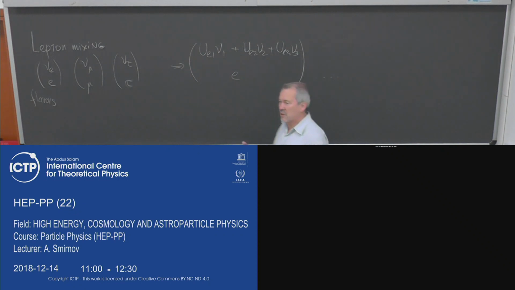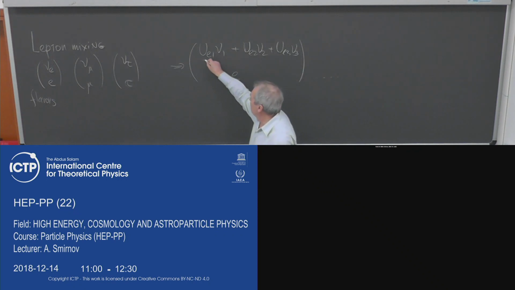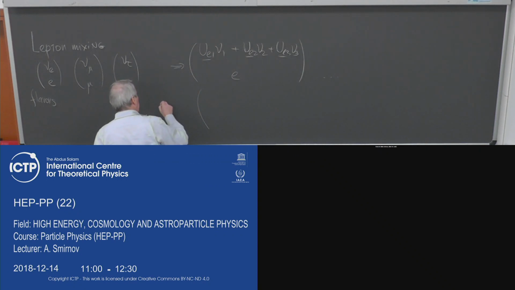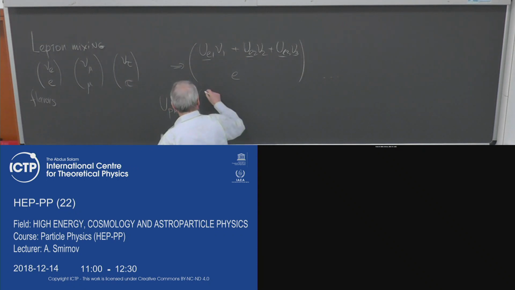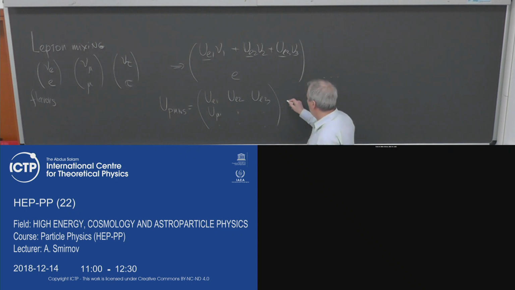However, they are combinations of states nu1, nu2, nu3, which have definite masses, and these are the mixing parameters. And as in the case of the quark sector, these parameters form a matrix, the mixing matrix. In the lepton sector, we call this U_PMNS. Let me put U_e1, U_e2, U_e3, U_mu1, etc. So this is what we call the Pontecorvo-Maki-Nakagawa-Sakata mixing matrix.